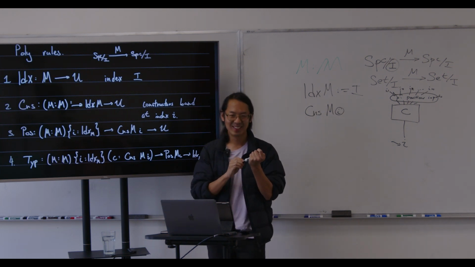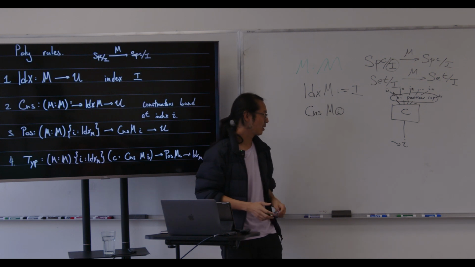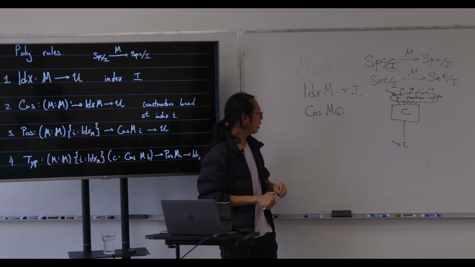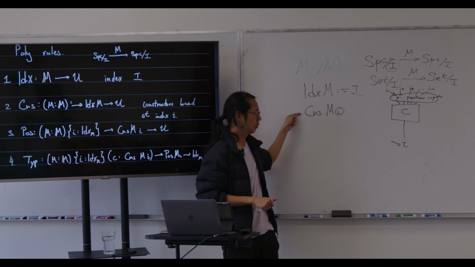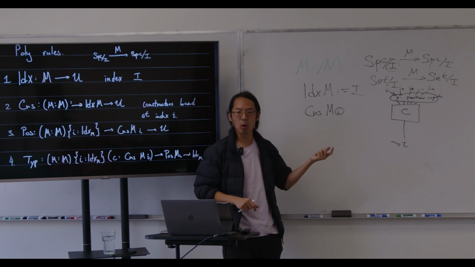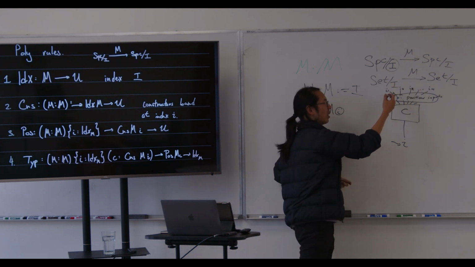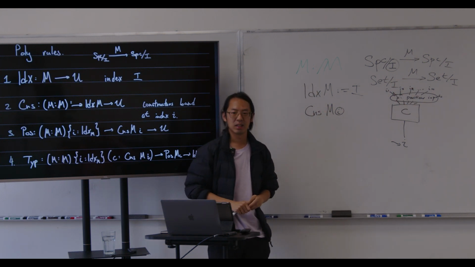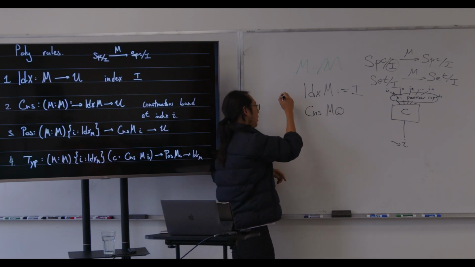Yeah, there's a bit of a change in terminology, unfortunately. I think these are the positions, right? Index is like the variables, right? These are multivariable. It's not just set to set. It's set sliced over I to set sliced over I. Yeah, these are the variables. Yeah, these are the positions.